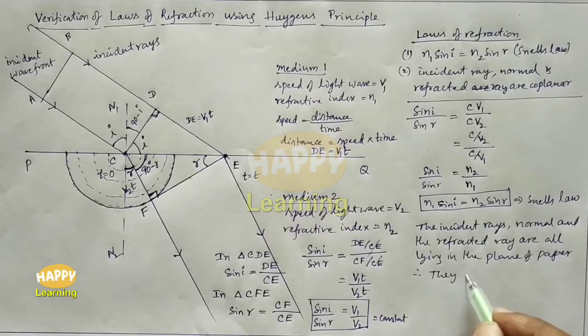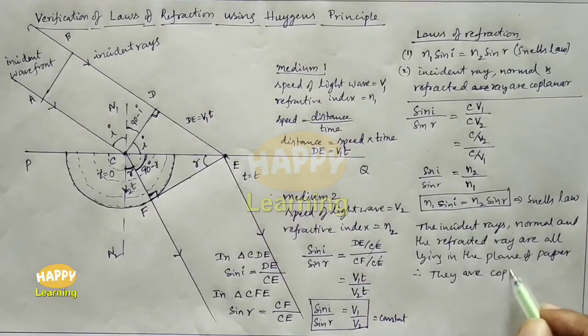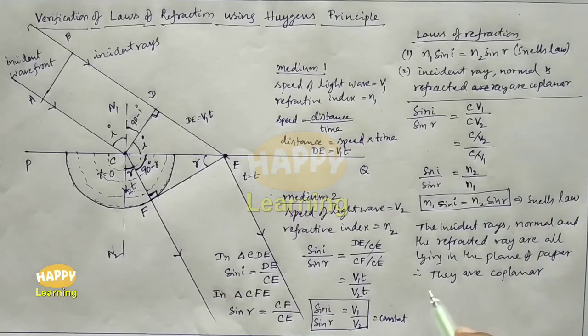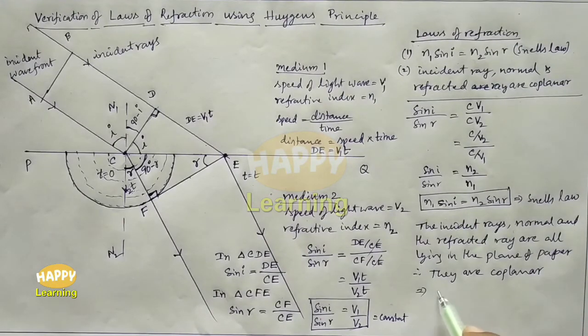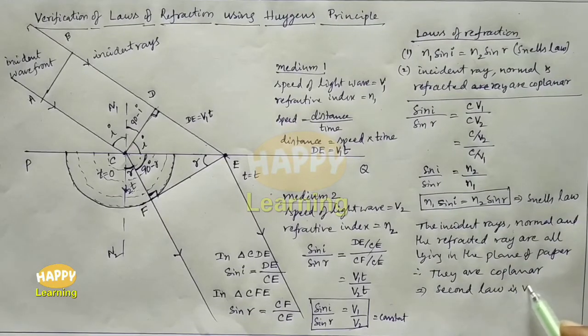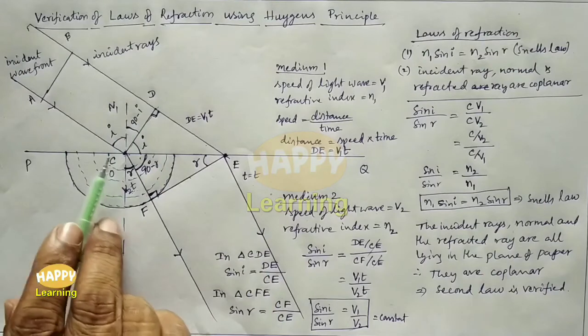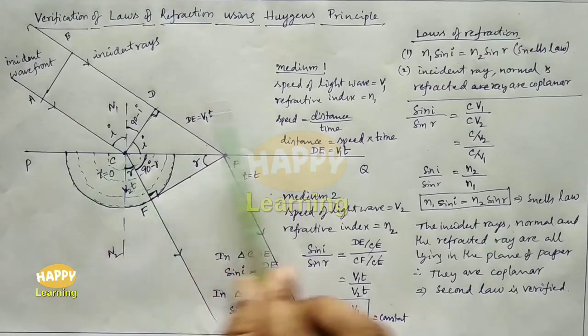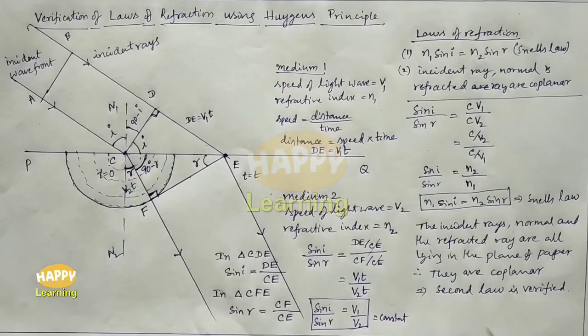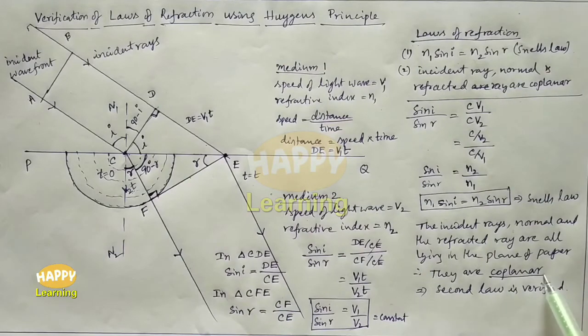Therefore, they are coplanar. That implies the second law is verified. This incident ray, this normal and this refracted ray all are lying in the plane of paper, so they are coplanar.